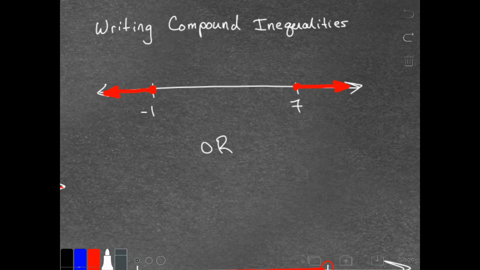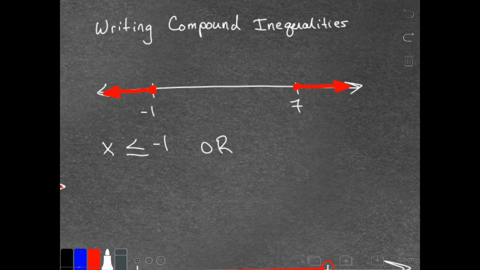So I'm going to write two separate inequalities. I'm going to look at the inequality on the left. So this simple inequality, I'm going to pick a variable. Let's do x. And it's going to be, to the left, less than, closed dot, equal to, what value? -1.